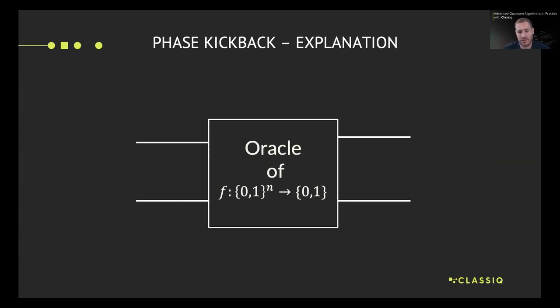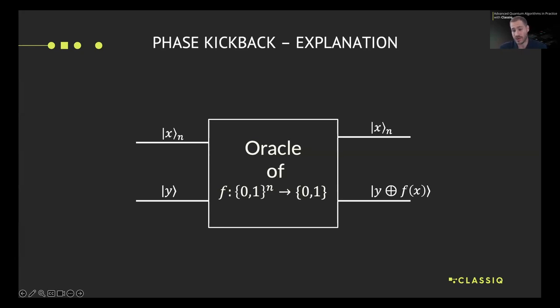The oracle of f takes an input, a quantum state with n bits and a qubit, and then it doesn't change the state of x at all. For the state of the qubit y, it applies y XOR f of x. So f of x, the output of the function, is only 0 or 1, and y can be 0 or 1 or in superposition.